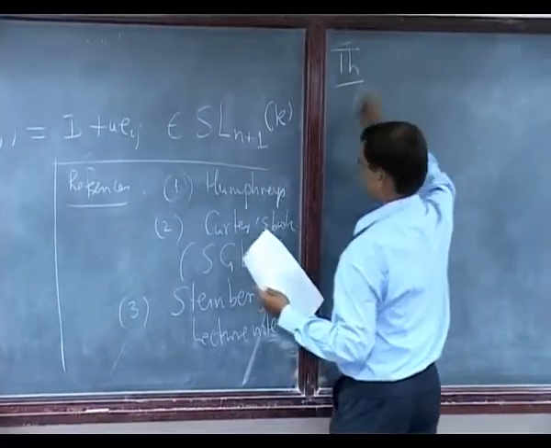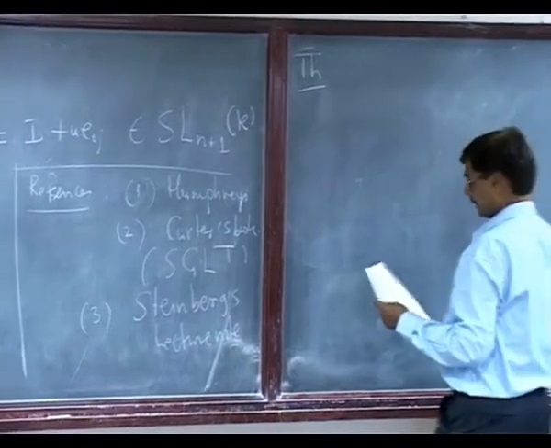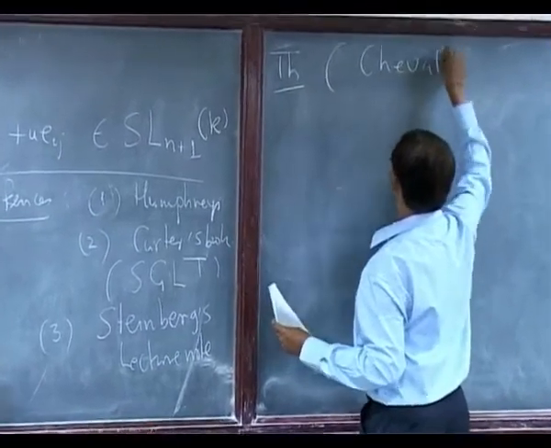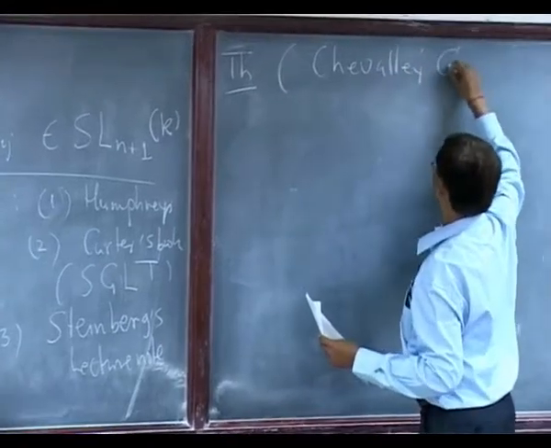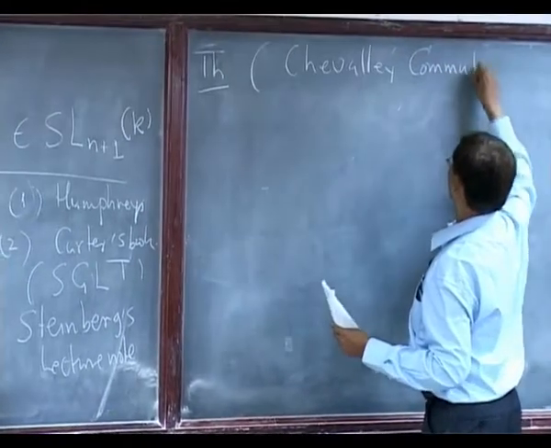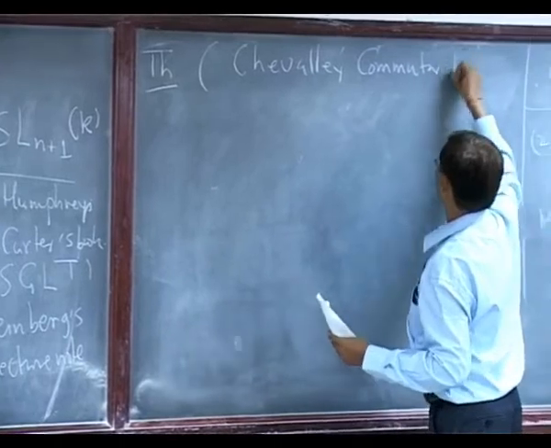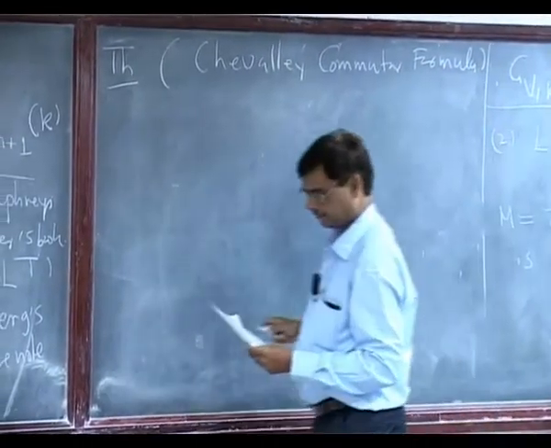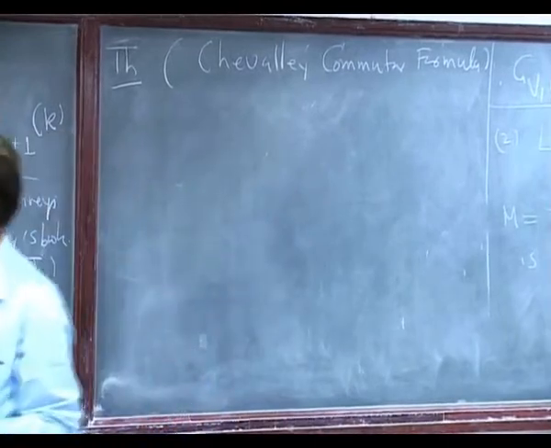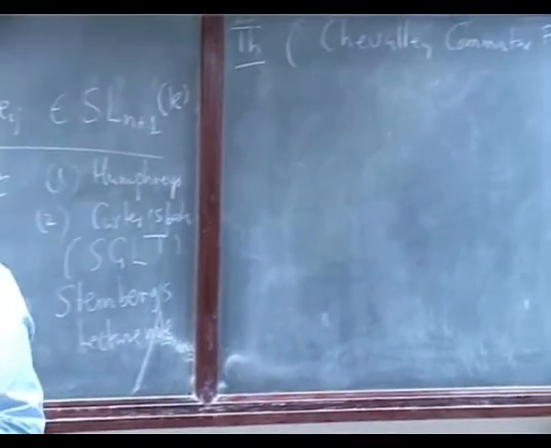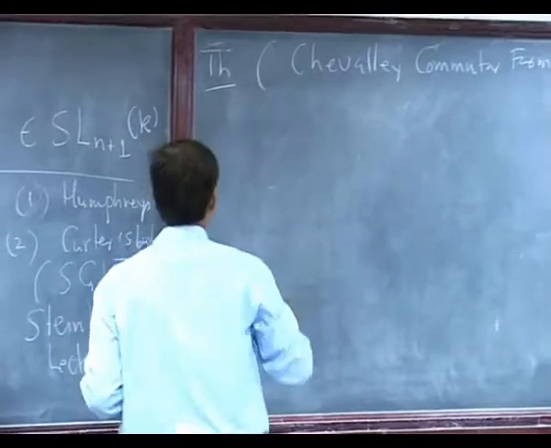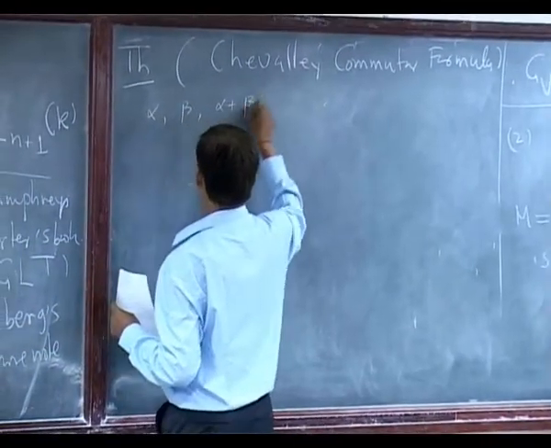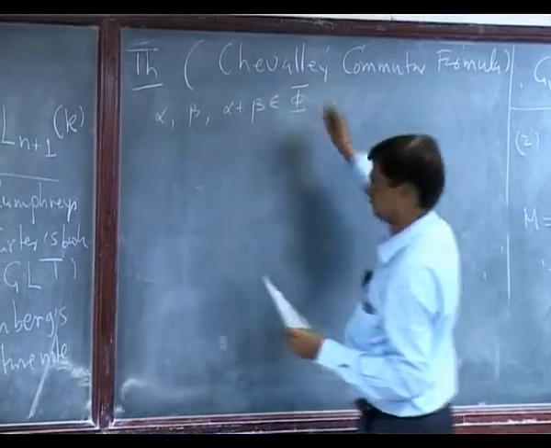I will not prove the theorem, but I will just state it. This is the Chevalley commutator formula. L etcetera, everything is there. Suppose alpha, beta and alpha plus beta are roots there.